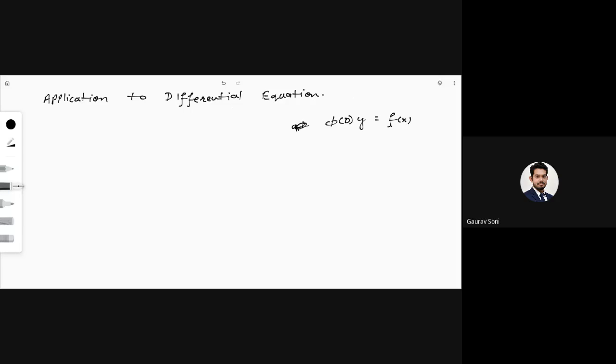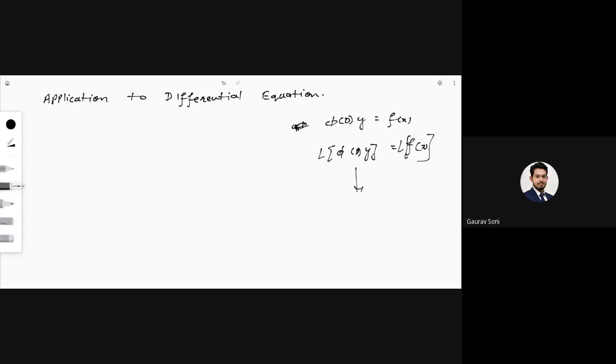This kind of differential equation we will have. So what I'm going to do is I'll take Laplace transform: Laplace of φ(D)y is equal to Laplace of f(x). Okay, and I will solve it.